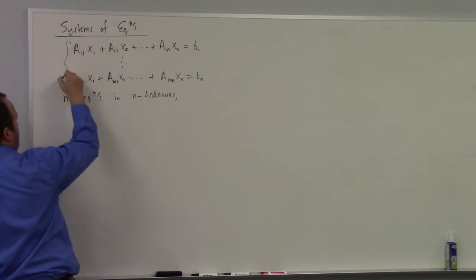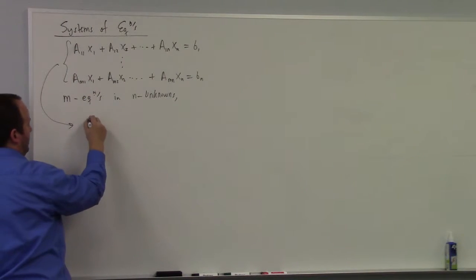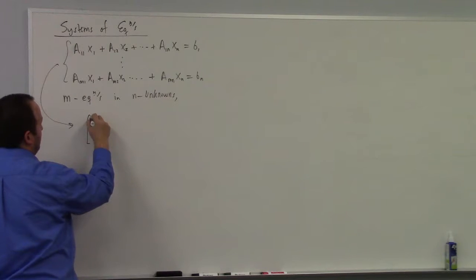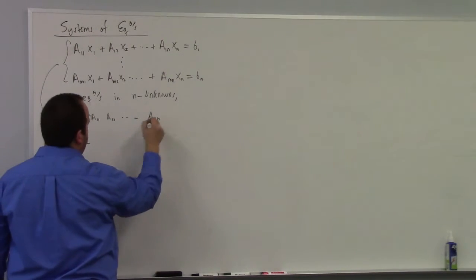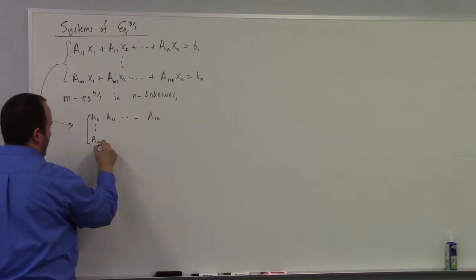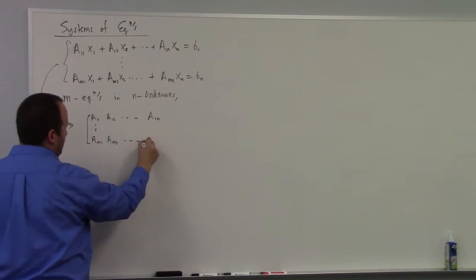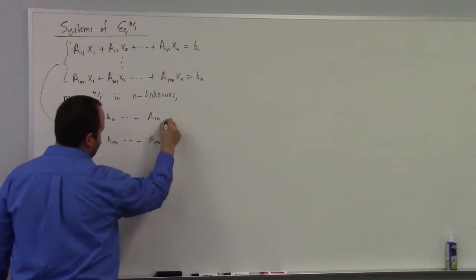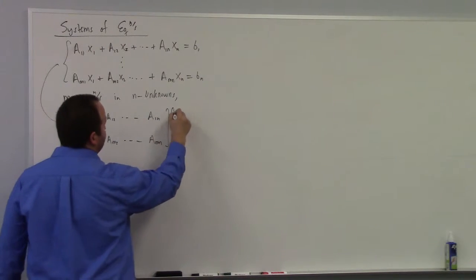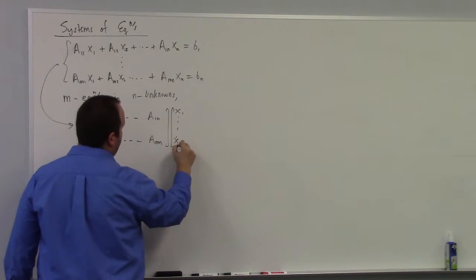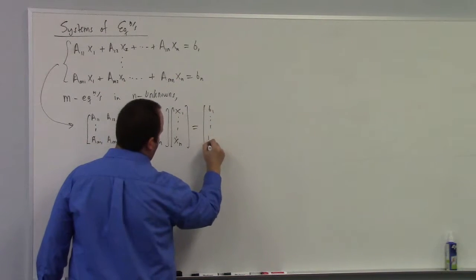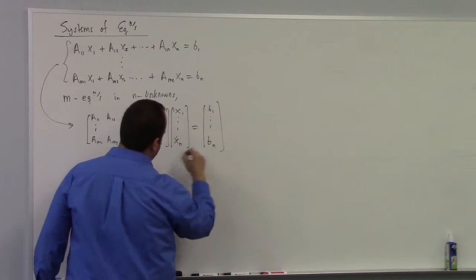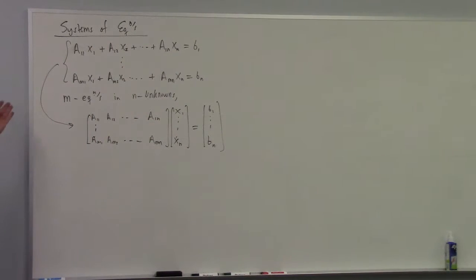So basically, this system can be recast as what? It can be recast as a matrix, A11, A12, A1n, through Am1, Am2, Amn, times this vector. So this system of scalar equations, right?